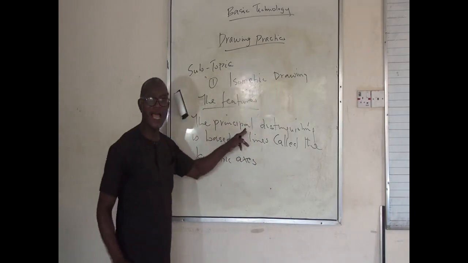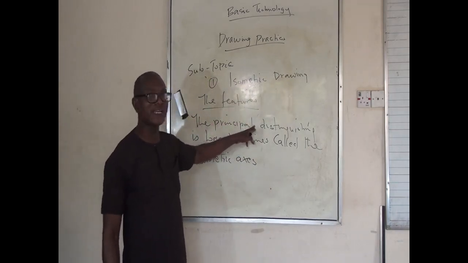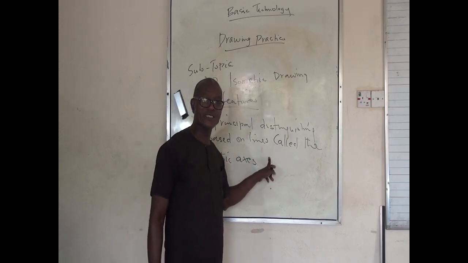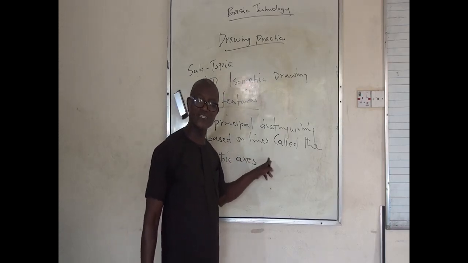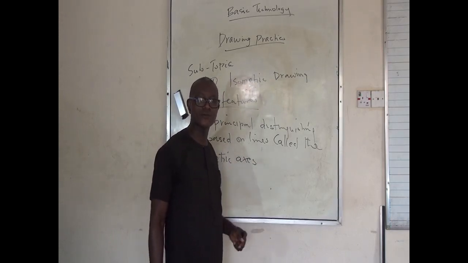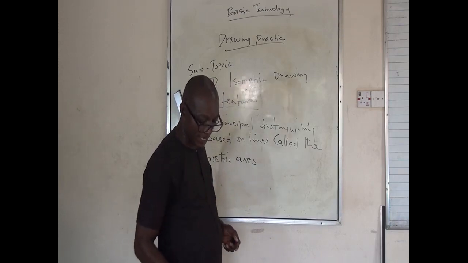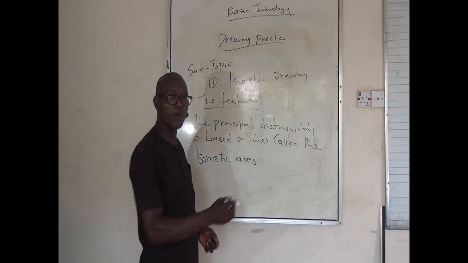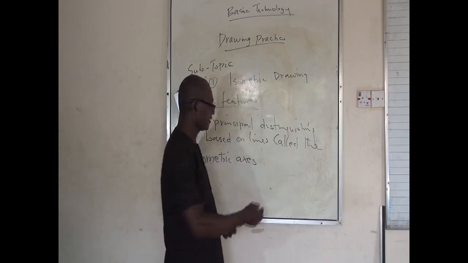The isometric axis acts as a guide to any object that you are about to present in isometric drawing. Isometric axis comprises three axes.